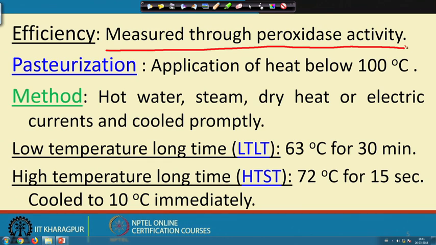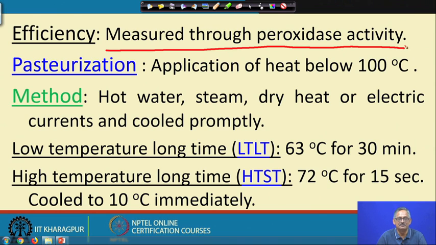Now, in blanching, we have given a time temperature combination to reduce peroxidase activity, but another application of heat can be for pasteurization.